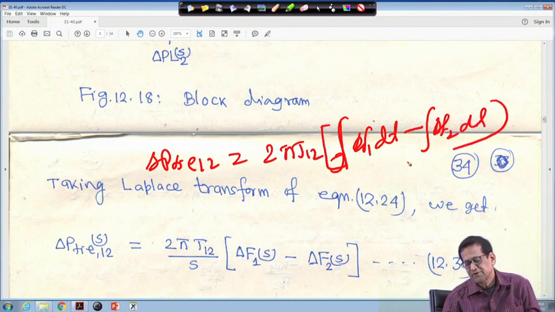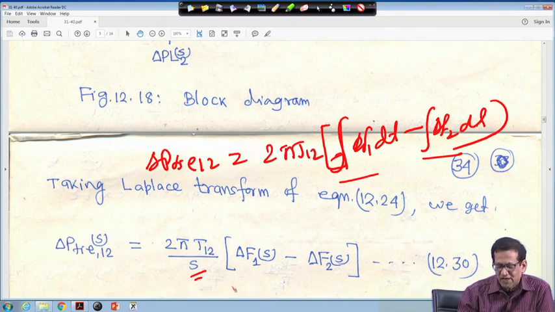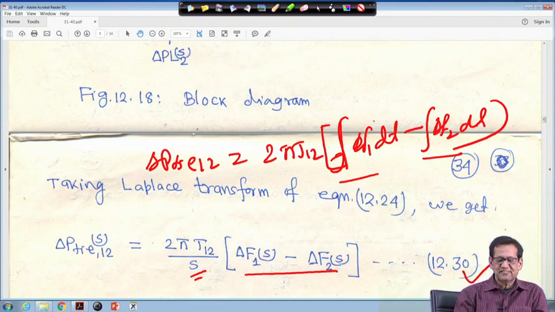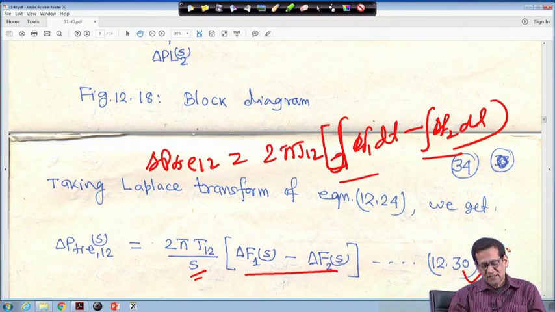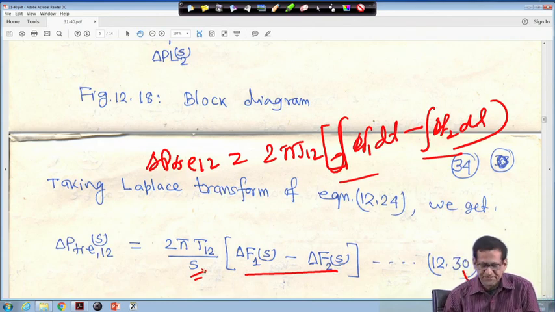If you take the Laplace transform on both sides, because of integration it will be 1 upon s. So, 2 pi T12 upon s into delta F1(s) minus delta F2(s). This is equation 30. So, the small perturbation tie line power flow model can also be obtained using the Laplace transform.